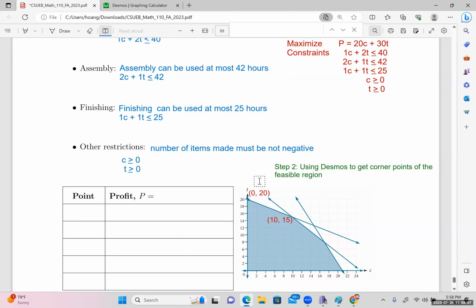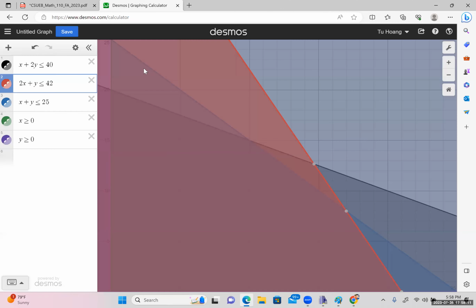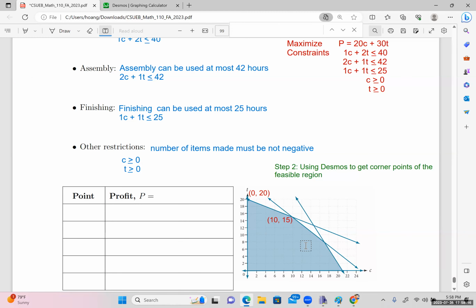I forgot. 17, 8, right? Check to make sure. Yeah, 17, 8. And the last one will be 21, 0. I put it here.